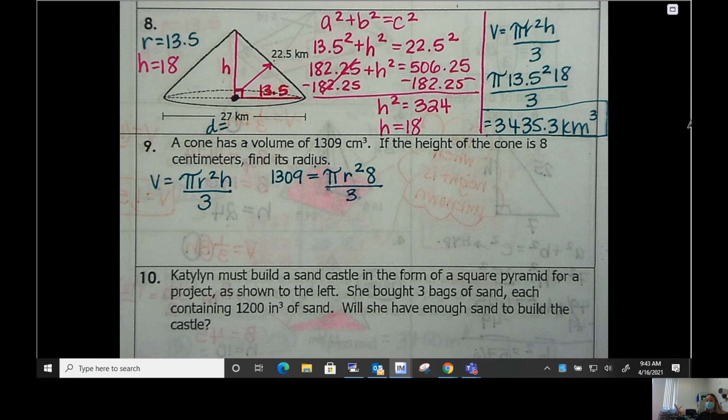Dividing by it. Yeah, this is 25.13 times r squared. So to get rid of it, I divide by it on both sides. And now I've definitely run out of room, so I'm going to have to come up here. All right, 3927 divided by 25.13. Wait, that's wrong.